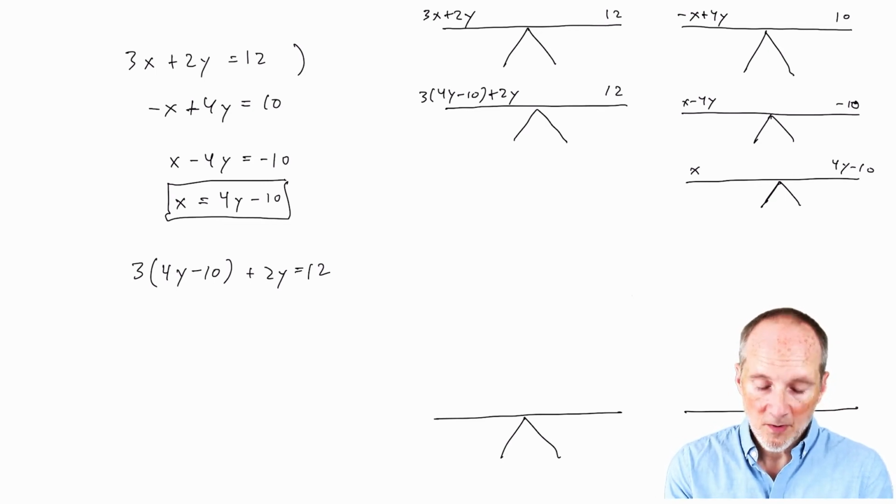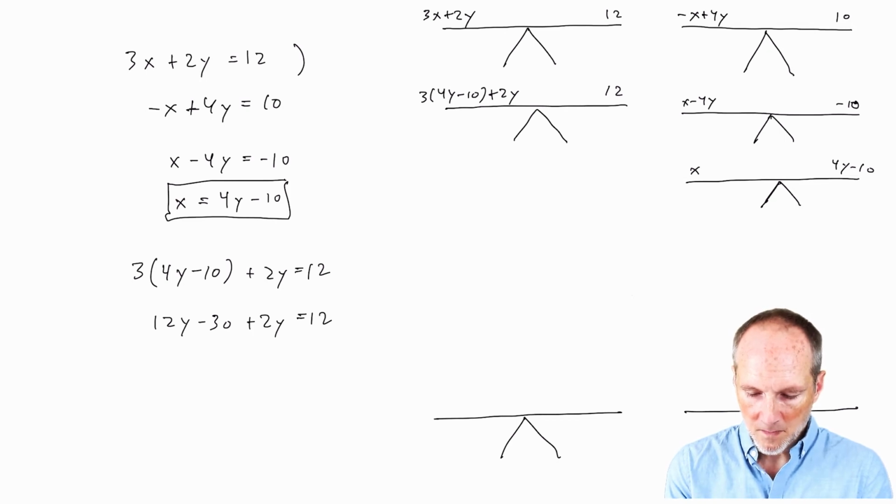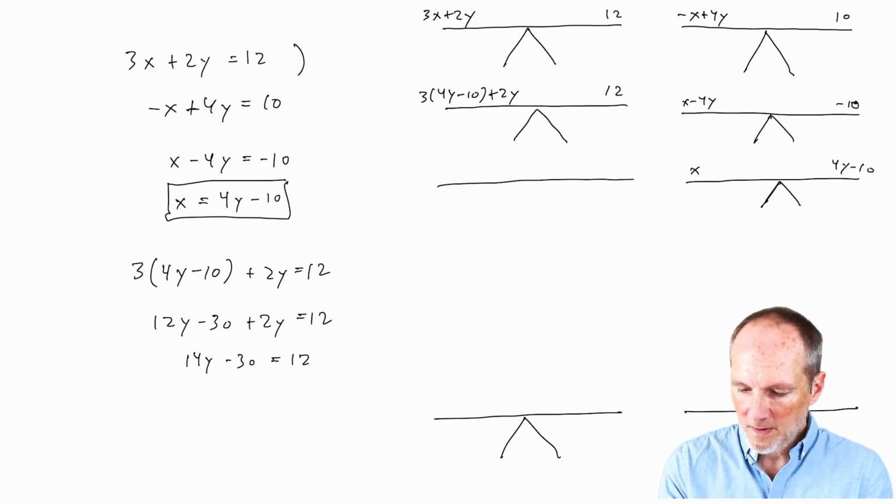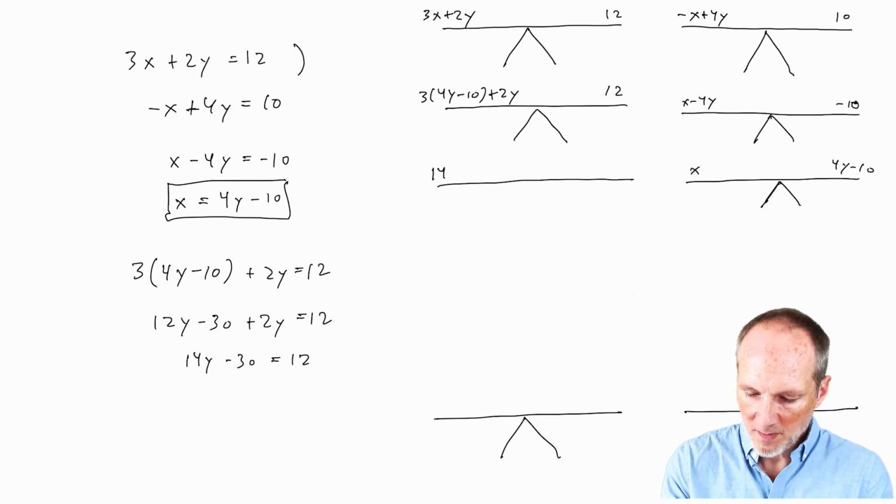We'll distribute the 3, so we get 12y minus 30 plus 2y is equal to 12. If we add the two y terms, that's 14y minus 30 is equal to 12. Here I'm just simplifying: 14y minus 30 on one side and 12 on the other.